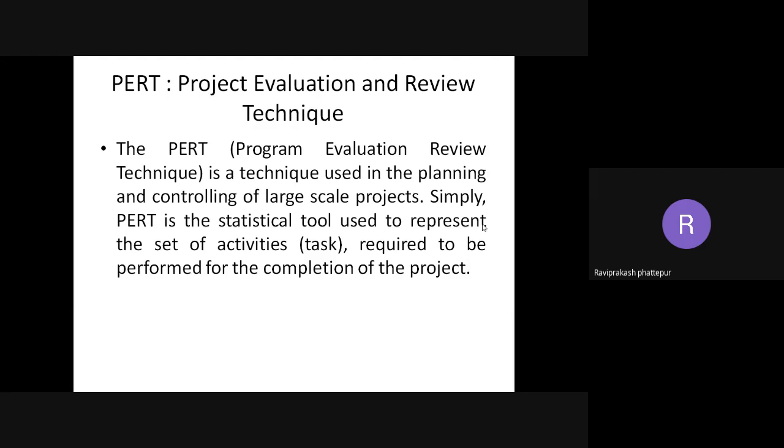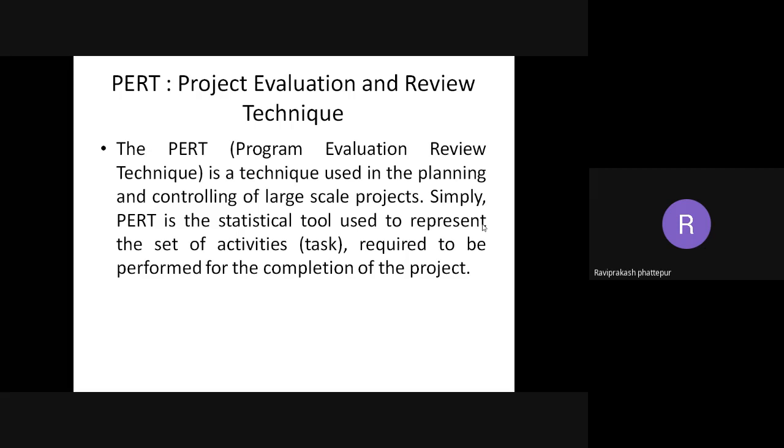These are called activities, which means tasks, required to be performed for the completion of the project. The entire project is broken down into different tasks, or activities, so completing one activity after the other will lead to the overall completion of the project.